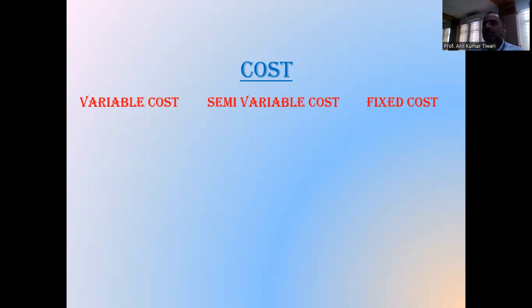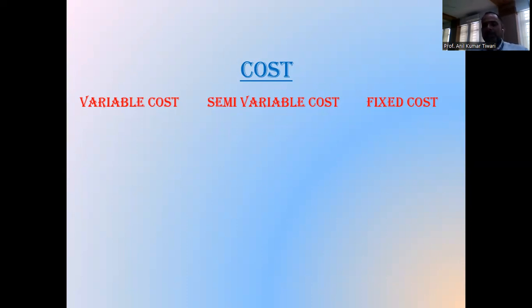So this is a fixed thing, and as you start consuming units, the cost rises. So some costs are fixed up to a certain level and then become variable according to the business requirement. This is known as semi-variable cost. It is the composition, or combined cost, of fixed and variable costs.